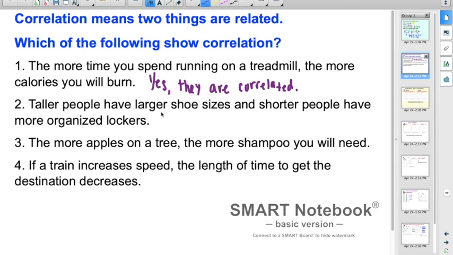That could be correlated. But then if you look at the second statement, shorter people have more organized lockers. Is that definitive? Do we know for a fact that just because you're short, you have a more organized locker? The answer is no. They are not correlated. One does not cause the other in this case.